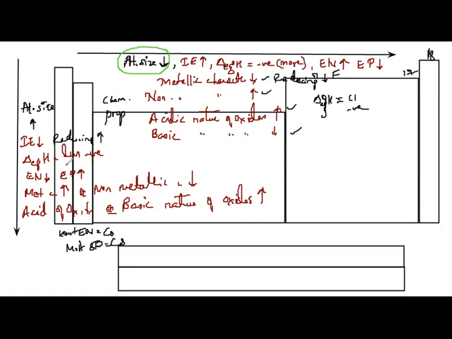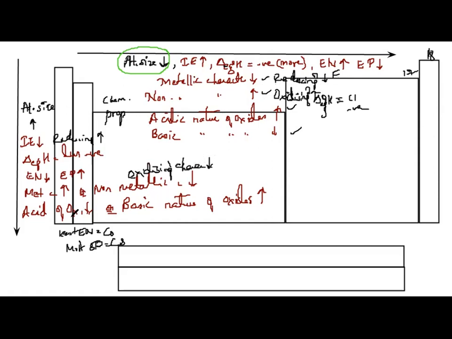Non-metallic character is the tendency of gaining electrons, therefore we say it has oxidizing character. Non-metallic nature increases across the period, therefore oxidizing nature increases across the period. And as you move down the group, since non-metallic character decreases, oxidizing character also decreases.